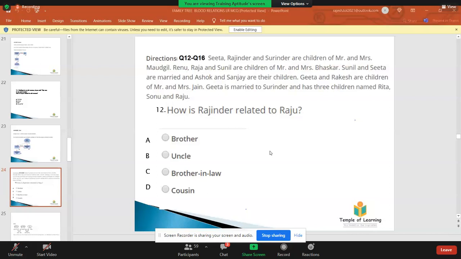Have you drawn the diagram? Okay, let me draw the diagram because many of you will be able to solve it. A few of you might not.